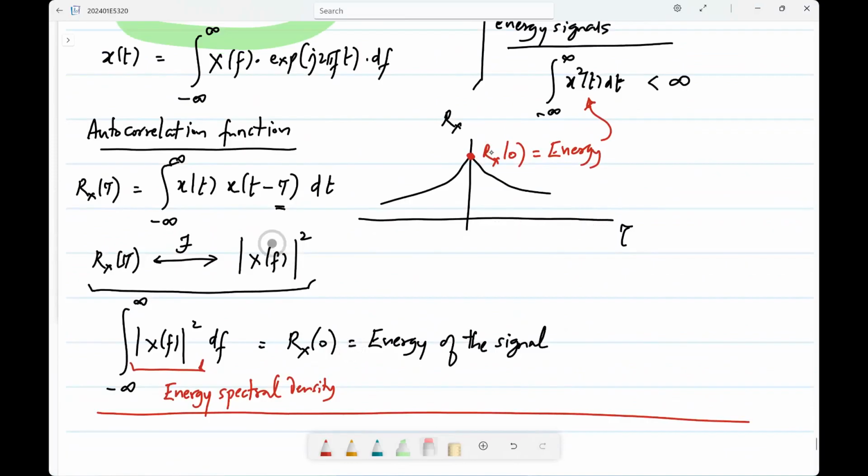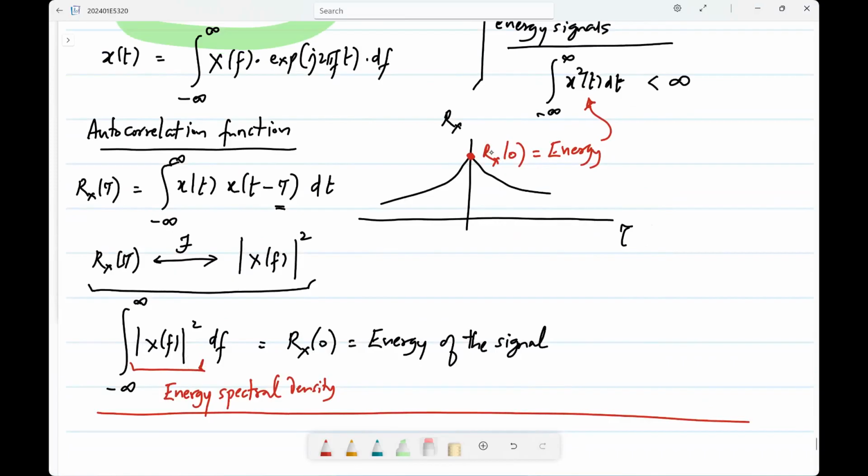What does it say about the Fourier transform? If a signal is symmetric, it will be real, right? And obviously, the absolute value of x of f squared is by definition real. And the energy is also real. So this is energy spectral density, and this is energy of the signal. For random signals, this may be a more useful way to describe the energy instead of the instantaneous value and so on.